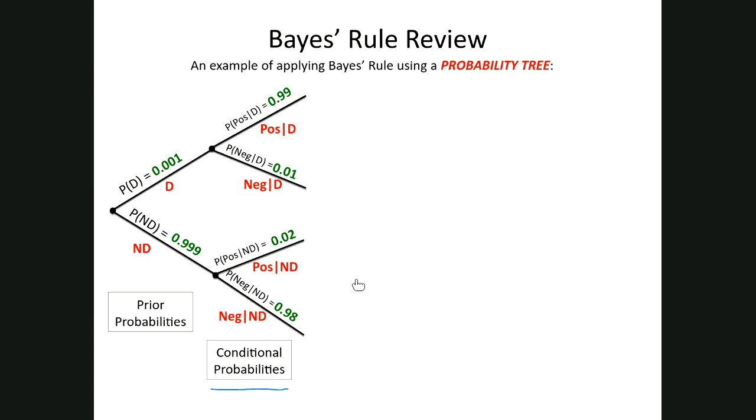And so we're going to calculate this branch, the 0.001 with the 0.99 to calculate a value at the end of this branch. We're going to calculate 0.001 times 0.01 to calculate a value associated with this branch, and so forth through the tree. And we're going to see that on the next slide.